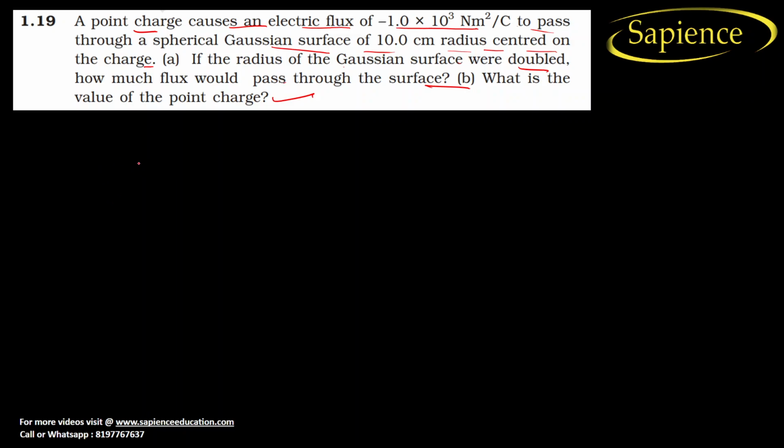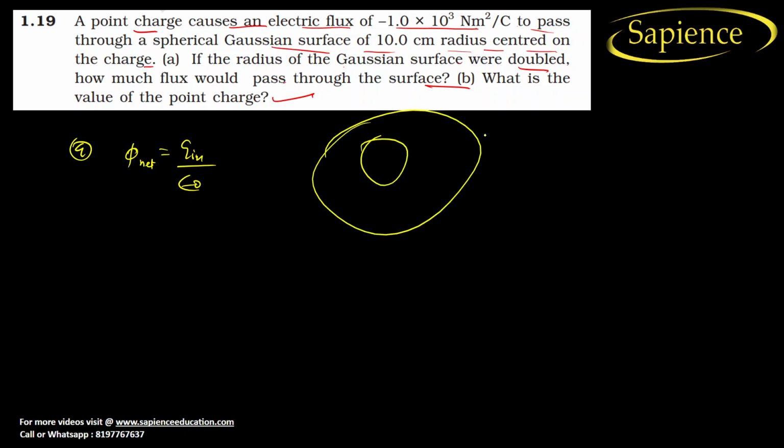See, in part 1, what they are asking: if the radius of the Gaussian surface were doubled, how much flux would pass through the surface? So we know that net flux is equal to charge enclosed divided by epsilon naught. Whether you are increasing or decreasing the radius, it does not depend upon the radius.